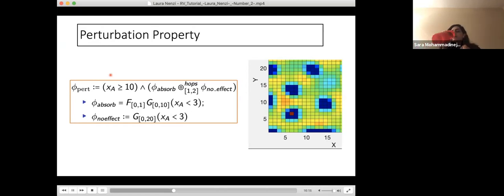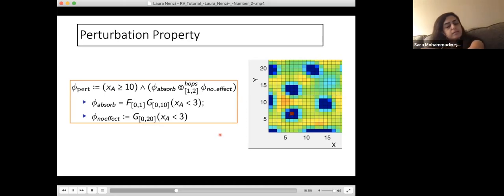And then we perturb just the value of one cell that you can see here in red, from a very low value to a very high value, higher than the maximum value of all the other locations of both protein A and B. So that means that it was the only location with a value greater or equal than 10.